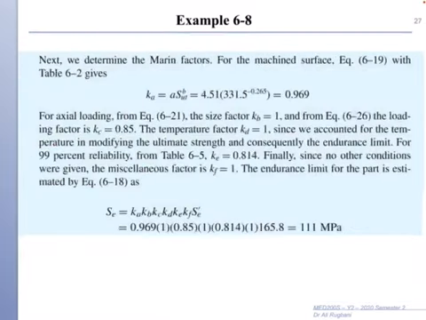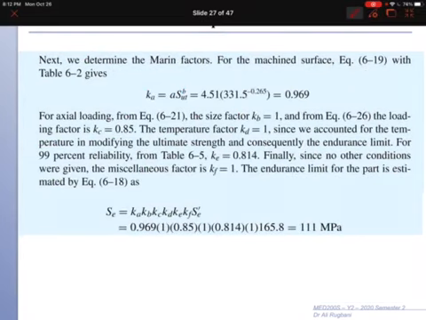Okay. The next example is to estimate the value of the endurance limit. For this endurance limit, you need to add the surface factor, size factor, load factor, temperature, reliability, and so on.